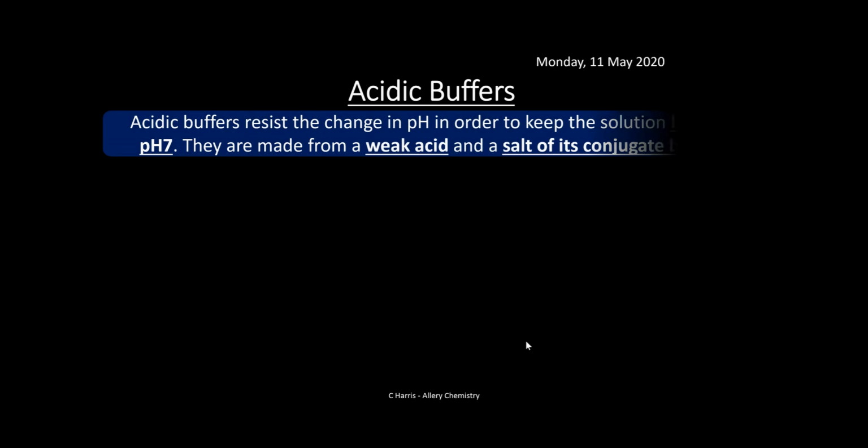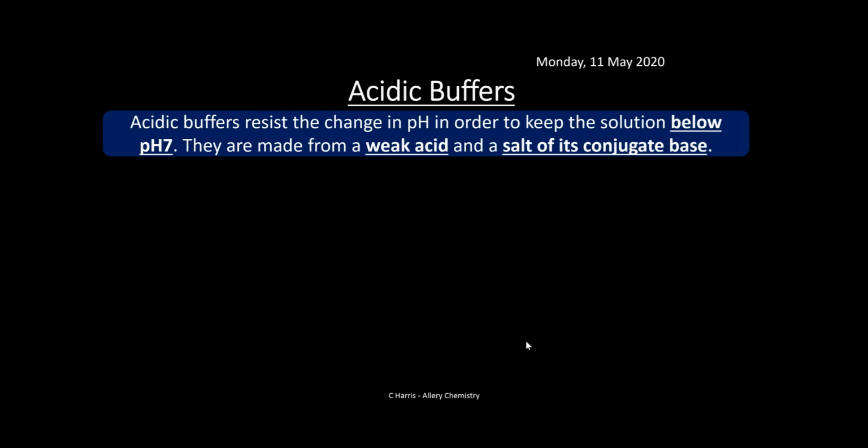Buffers are made up of two parts, and they have two equations, and effectively we're just coinciding both equations together, and you'll see what I mean in a moment. But the key thing with the buffer is you've got to know the equations to do with acids, bases, and the formation of salts. You've got to understand about equilibrium for this, and you've got to be able to use that Ka expression for the calculations later on. Okay, so I'll talk it through.